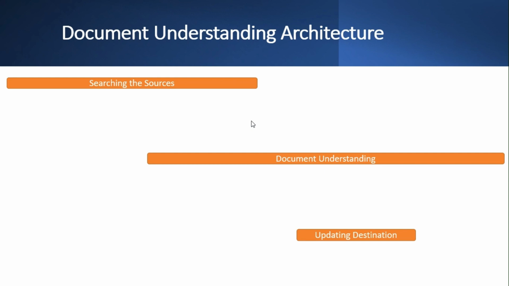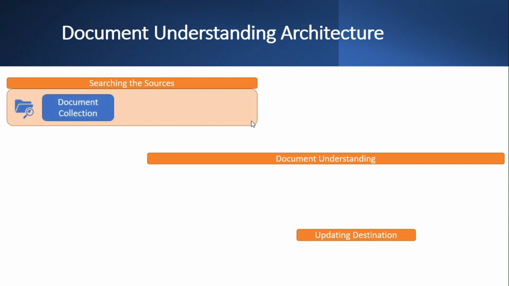So if we look at the source, from where can we get this information? It could be a shared drive that has all the documents that we need to process, or it could be a source application where we need to look for this information.